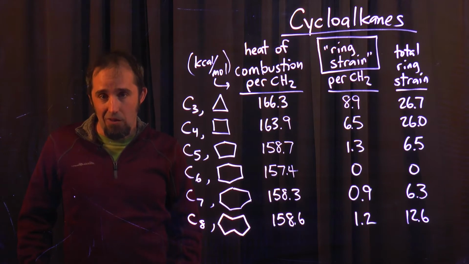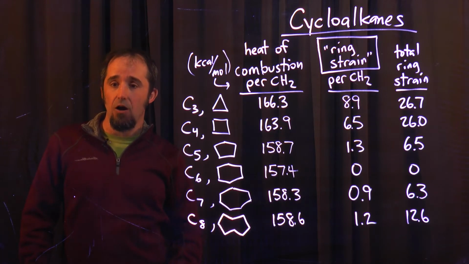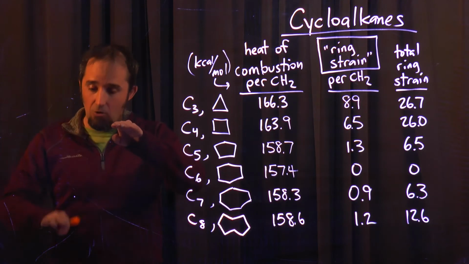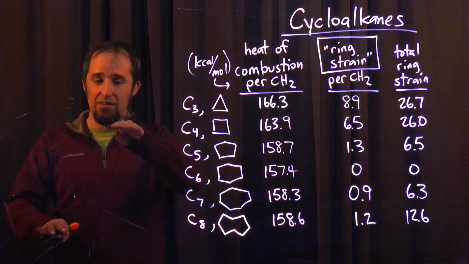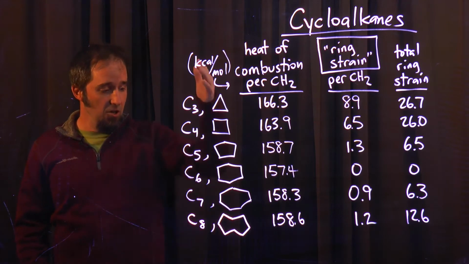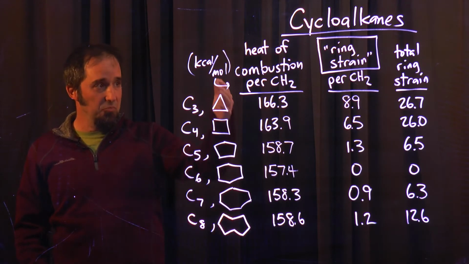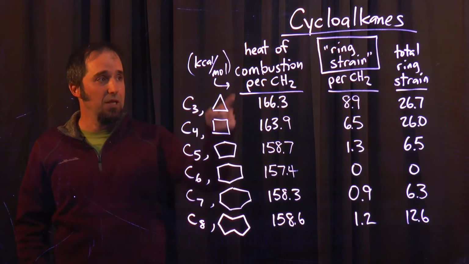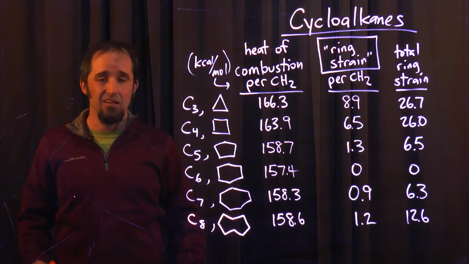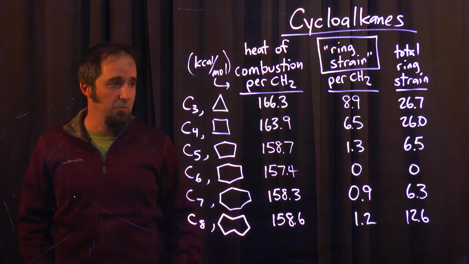If we burn them and watch how much heat they give off, if something is higher in energy, then it will give off more heat as it burns than something with lower energy burning to the same thing. And here, these are just multiples of CH2, so we can look at the heat of combustion per CH2 of these things to get some idea of relative stability.